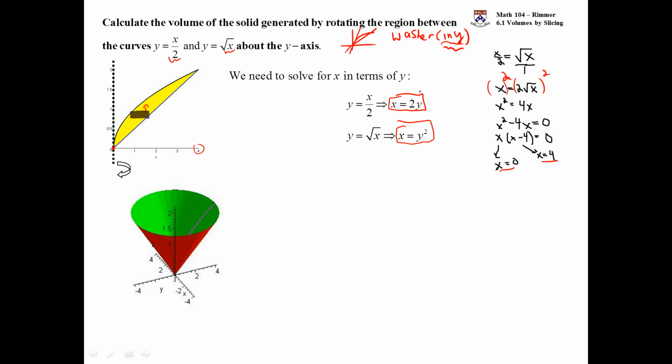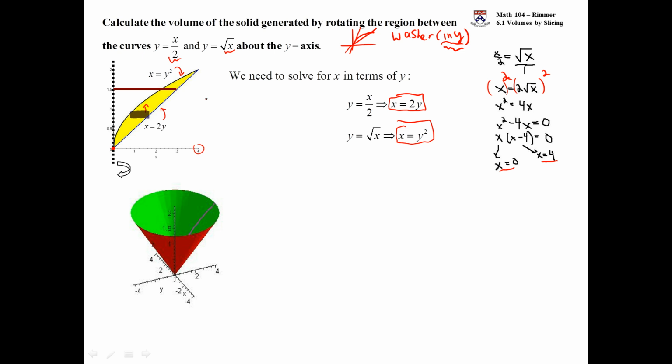Now it's our job to find the inner and the outer radius. Remember, the outer radius goes from the axis of rotation through your region. So the outer radius would be this distance to the line. Now this x equals y squared is the root, and this x equals twice y is the line.